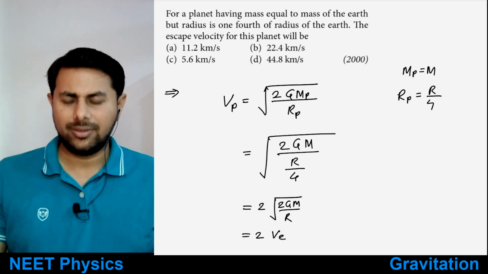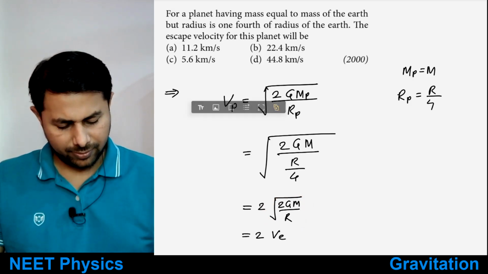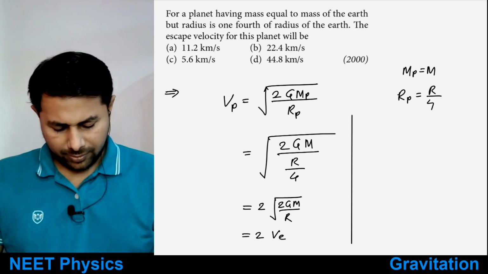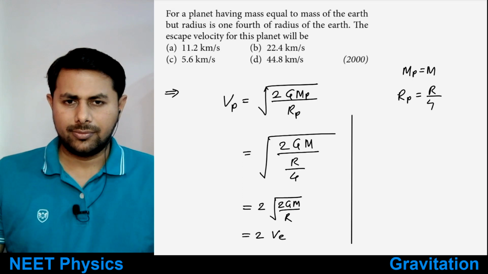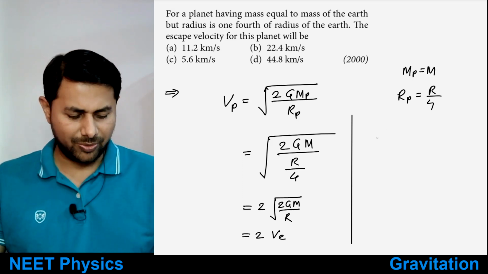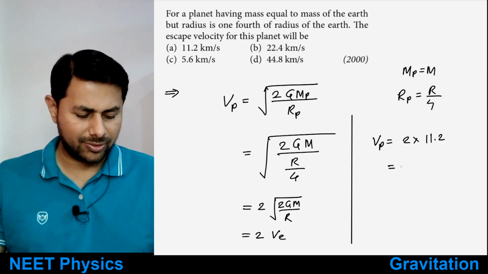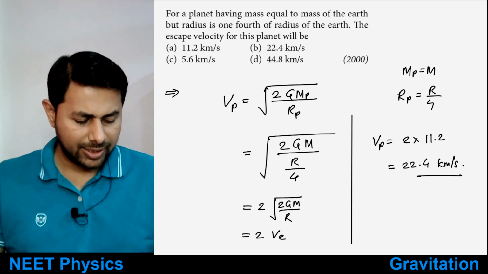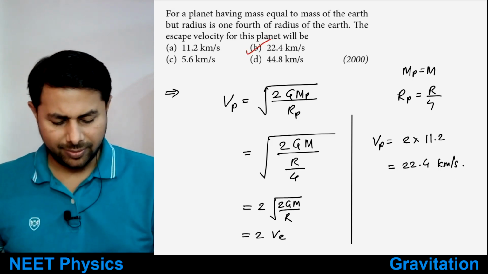How much is that? 11.2 kilometers per second. So therefore Vp would be equal to 2 multiplied by 11.2 kilometers per second, so it is 22.4 kilometers per second. That is the answer. Okay, so it is option B.